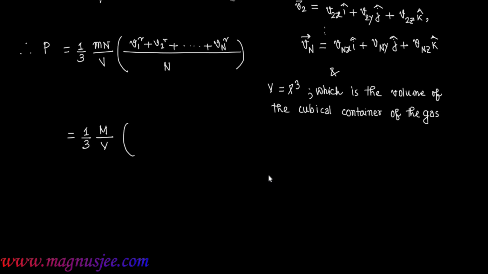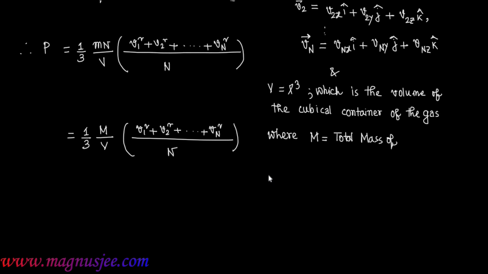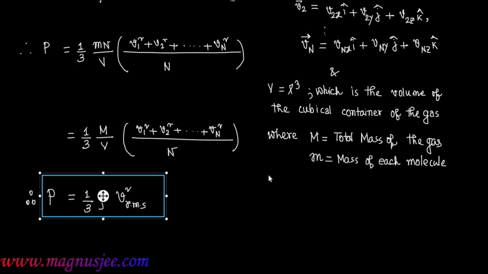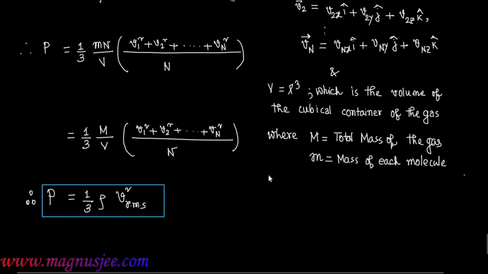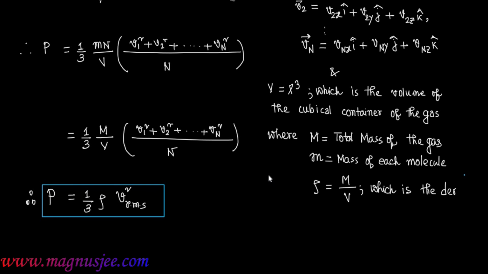One third capital M by V, under bracket v1 square plus v2 square plus dot dot dot vn square, whole divided by n, where capital M is the total mass of the gas, and small m is the mass of each molecule of the gas, equal one third rho vrms square. P equal one third rho vrms square, where rho is the density, which is the ratio of total mass M divided by volume V. Rho equal M by V, which is the density of the gas.